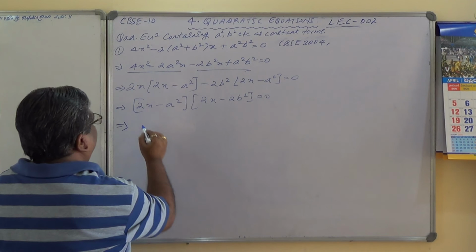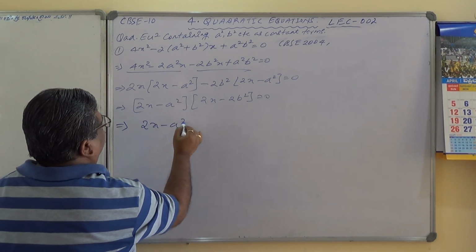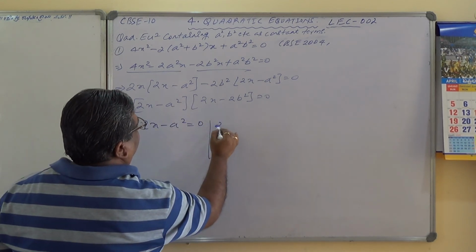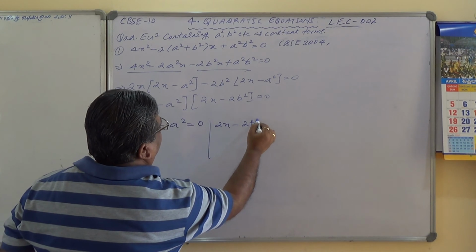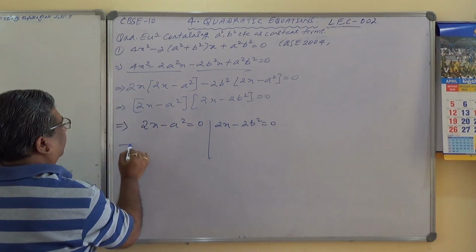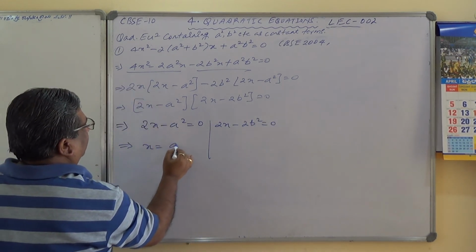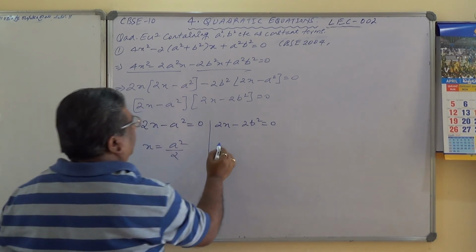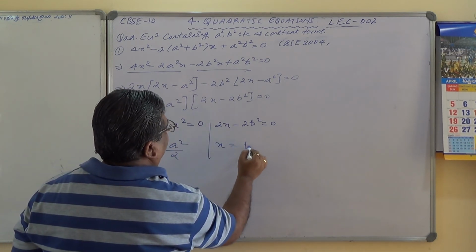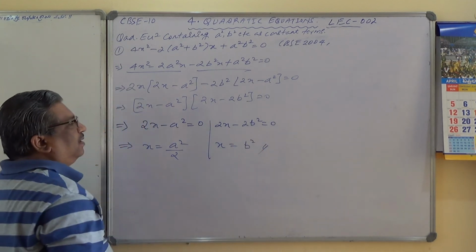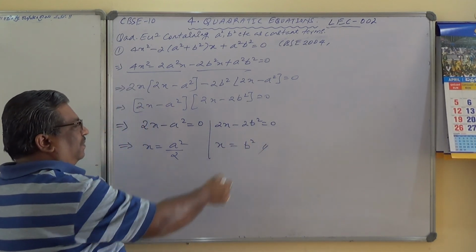This equals b square, 2b square divided by 2 is b square.